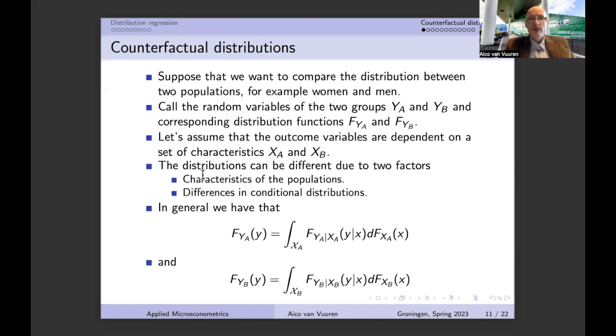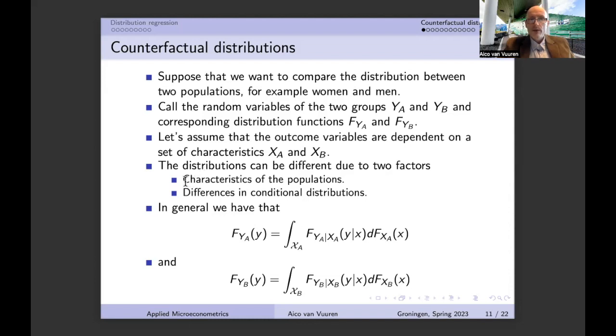This is important because when we look especially at the differences in wages between women and men, you might of course also think in terms of discrimination.